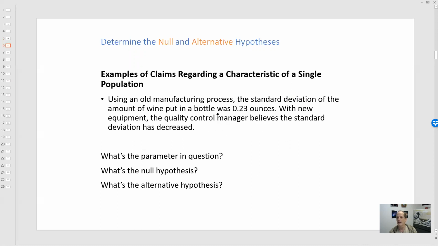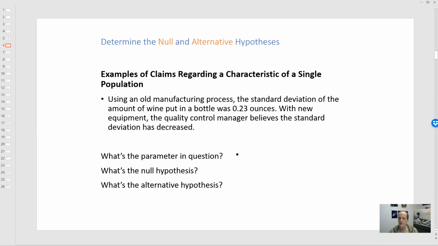Okay, so what they've got is they've got this situation where they would like to be very consistent about the amount of wine that goes in their bottles that they send out. So obviously, if we can decrease something that represents standard deviation, which represents dispersion, then of course it's going to be more consistent.